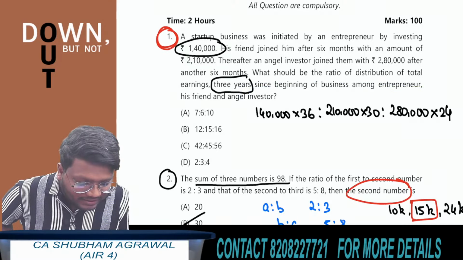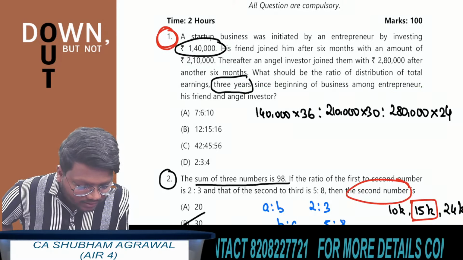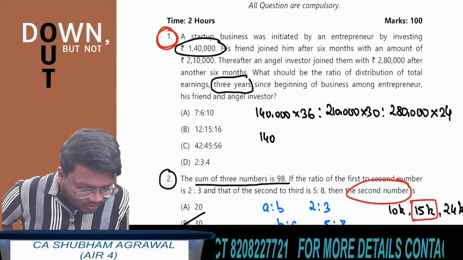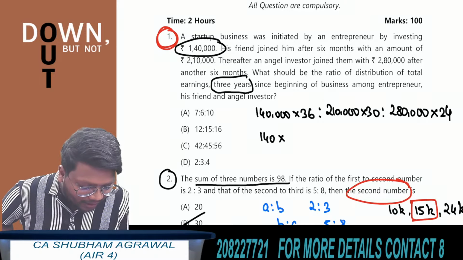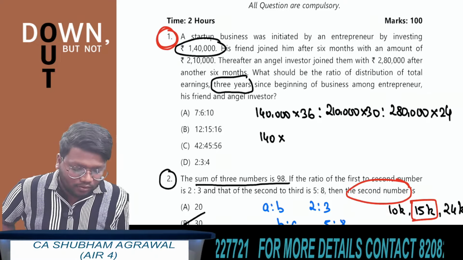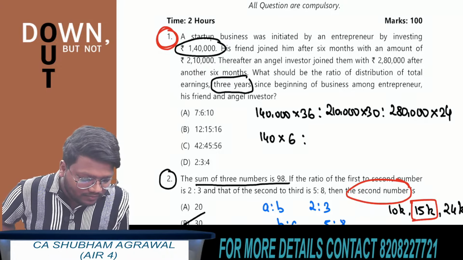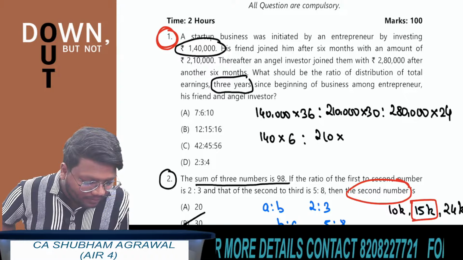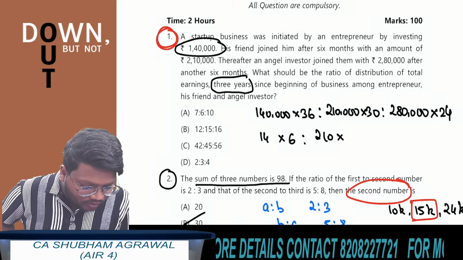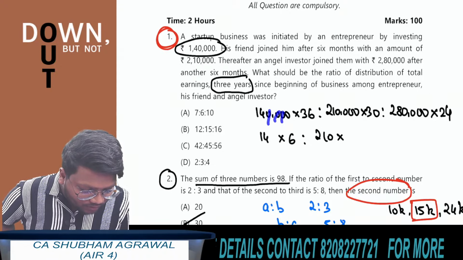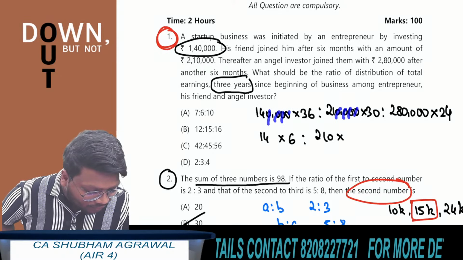Okay, here you can see that these 3 zeros will get cancelled. So 140 multiplied by 36, 30 and 24. Okay, all these numbers are divisible by 6. 140 multiplied by 6 is to 210, or you can eliminate the 4 zeros. You can eliminate these 4 zeros here, here also, and also here.